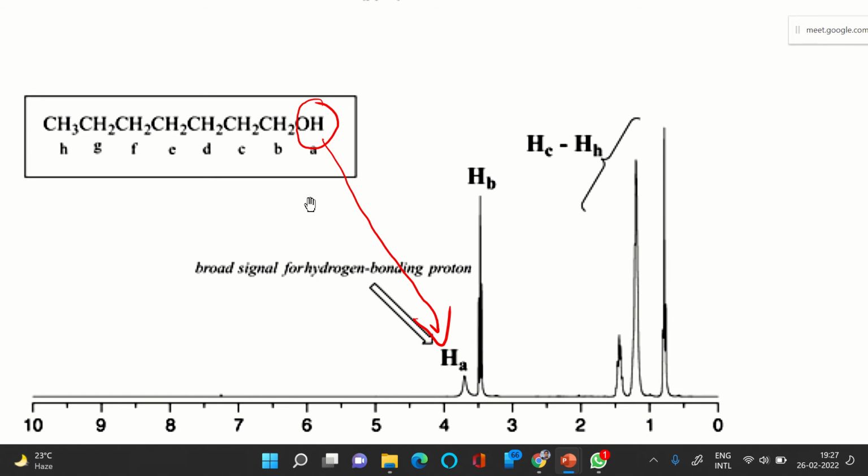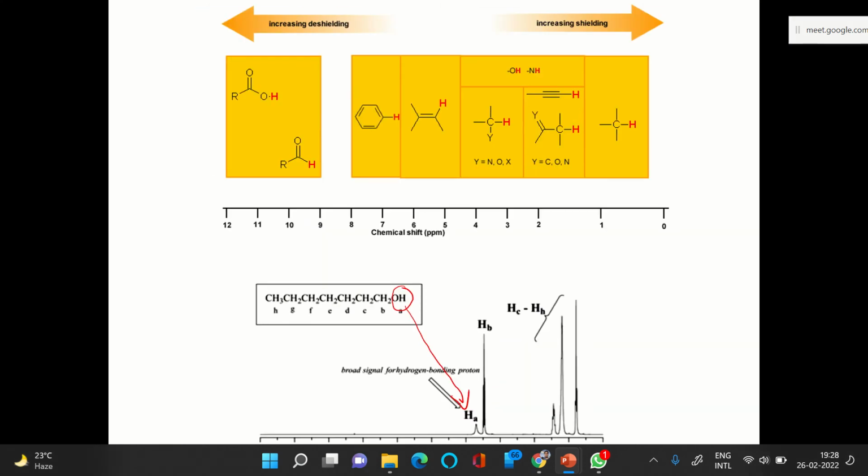It is less intense because this H is only one of its kind, whereas other protons are more numerous. So it appears less intense, but the width of the peak is much larger as compared to the HB or any other protons. So you look in terms of full width at half maximum and then try to see.